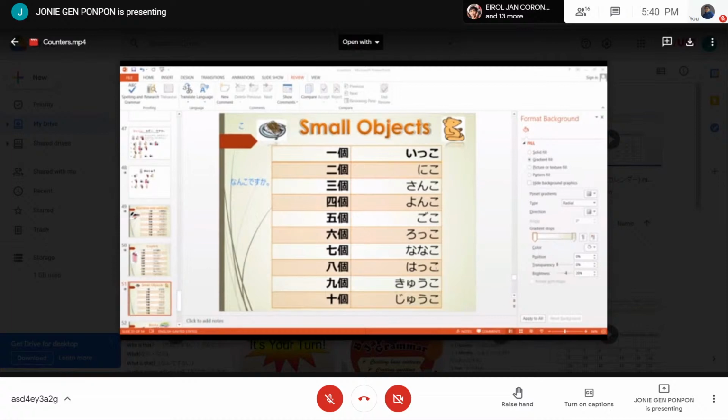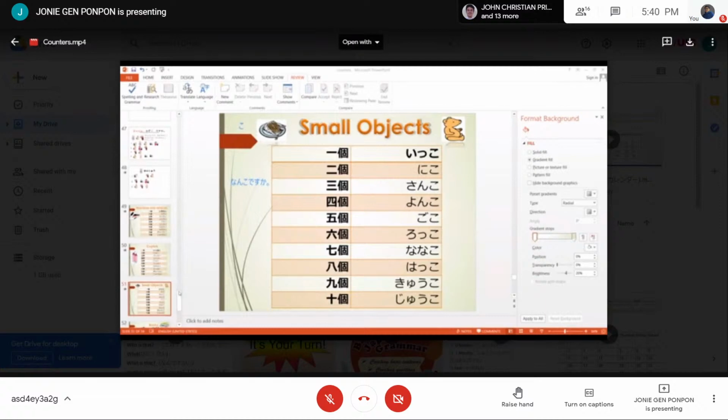So that's the counter for small objects, the ko suffix. And if you want to ask how many small objects, that is nanko desu ka?